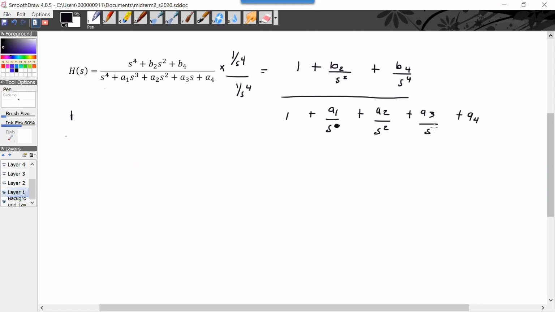S squared, S cubed, S fourth. And we're going to share these so we need 4 integrators.